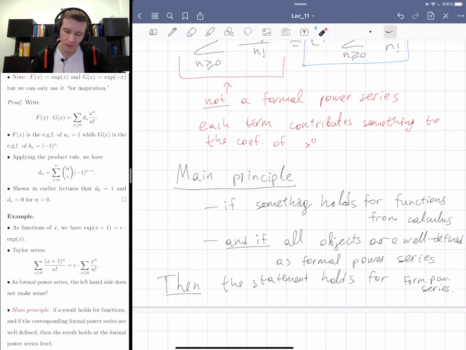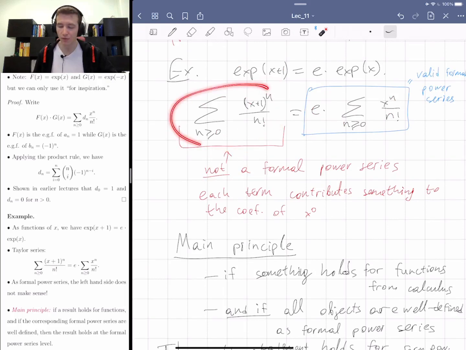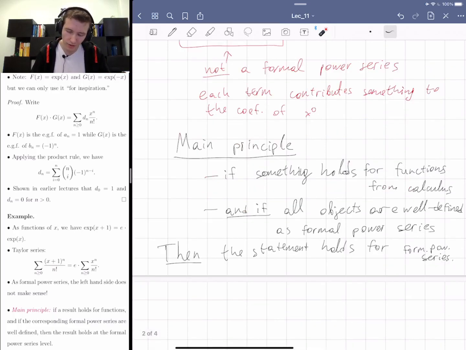But you have to make sure you write down none of these things which do not make sense as formal power series, because then you can actually get something that's incorrect. You can get that the sum of all integers is like -1/12 or whatever. So you have to be very careful.